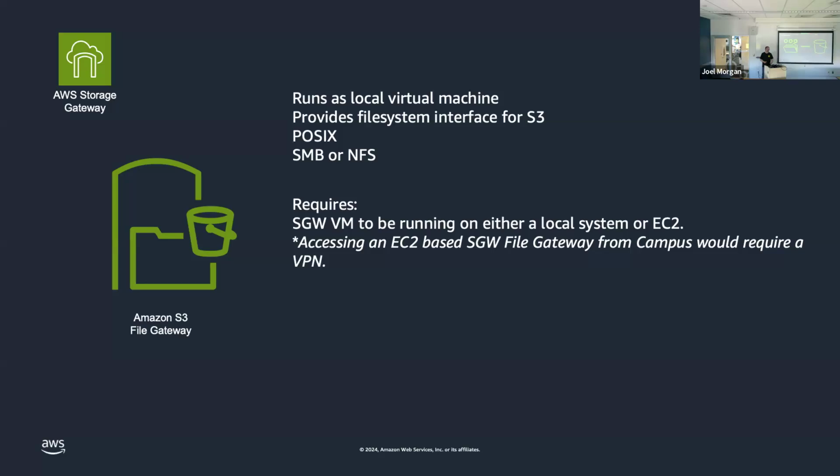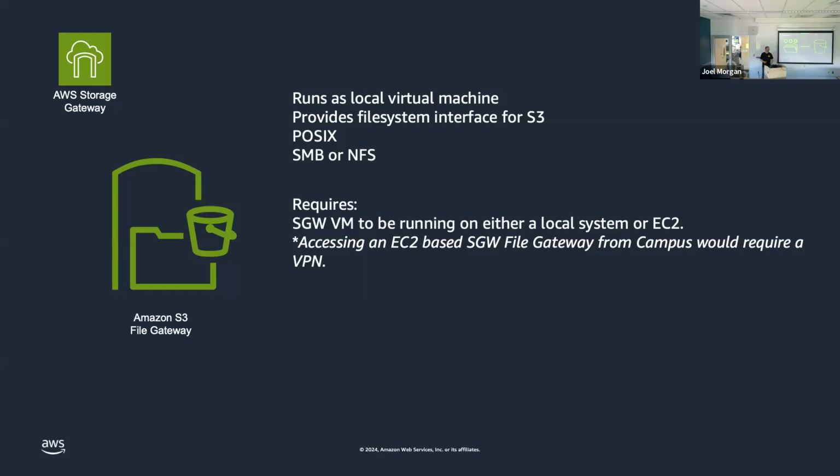So either SMB for Windows or NFS for Linux. And it is one or the other. It won't do both simultaneously, though you can have two file gateways going to the same bucket if you needed both. Now, because S3 is not a file system, it doesn't have permissions like a normal file system would.